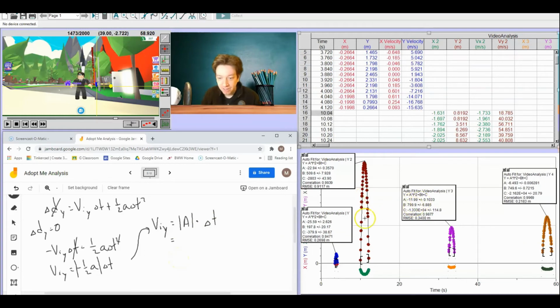All right, so for our first jump here, our A coefficient is 25.59. We'll negative that, but I'm going to take the absolute value of that. And that would have units of meters per second squared. And then times the time interval for the entire jump. So that we need to look at.